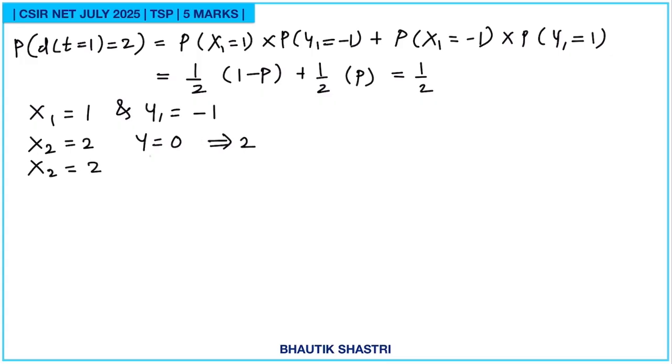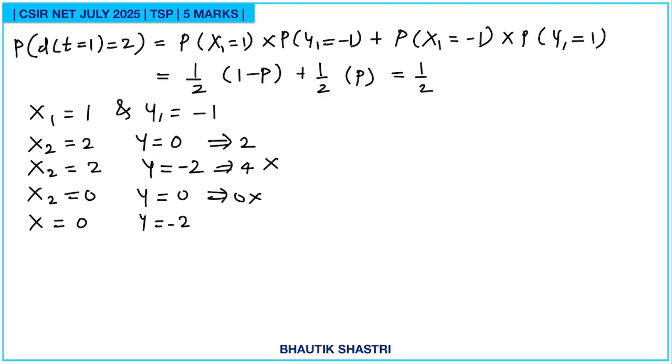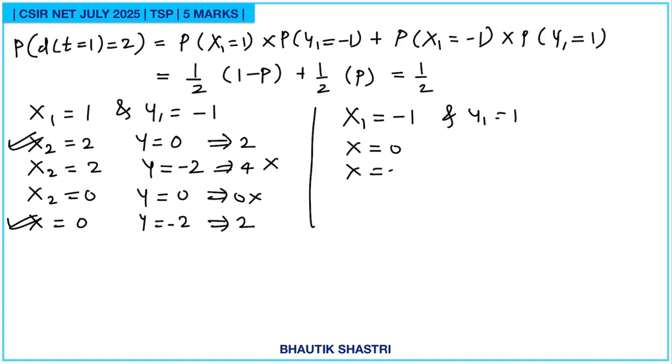And if x2 is 2, then y can be minus 2. Then the difference will be 4. And if x2 is 0, then y can again be 0 or minus 2. Here the difference is 0 and here the difference is 2. So for these two cases, we'll get 2. And if we start with x1 equal to minus 1 and y1 equal to 1, then we have x2 equal to 0 or x2 equal to minus 2.